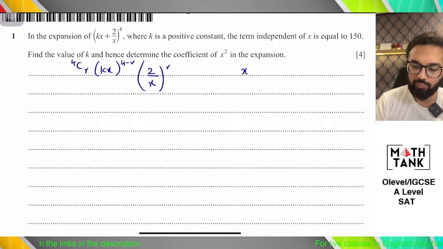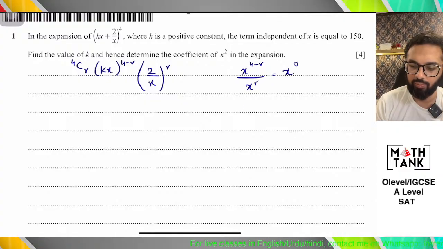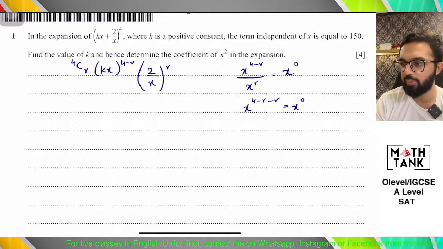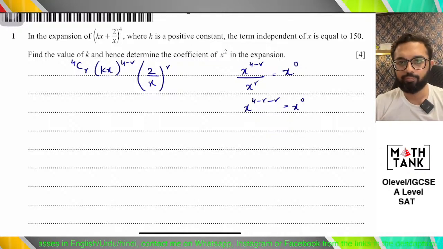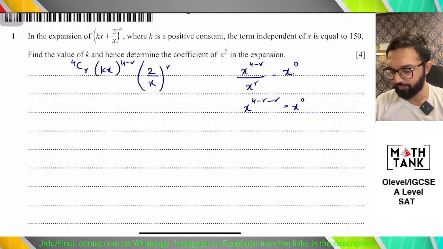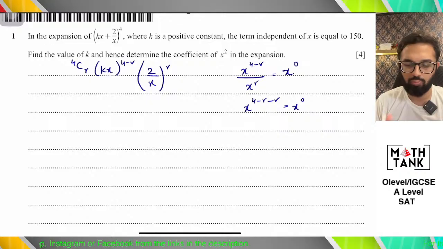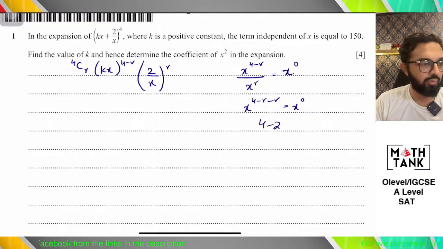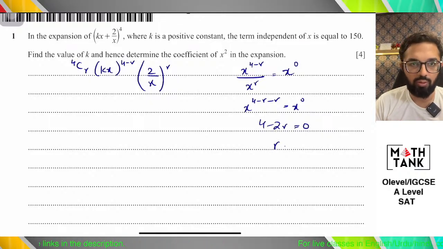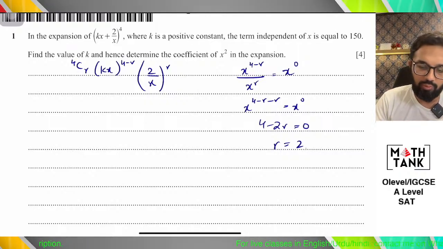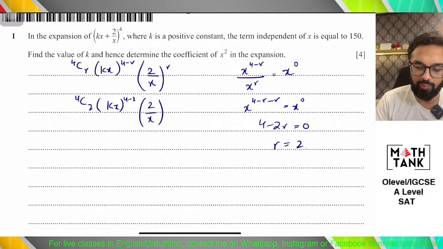So let's first take powers of x and equate them to x power 0. So x power 4 minus r, times x power minus r, equals x power 0. So 4 minus 2r equals 0, r equals 2. So 4C2 (kx)^(4-2) (2/x)^2.